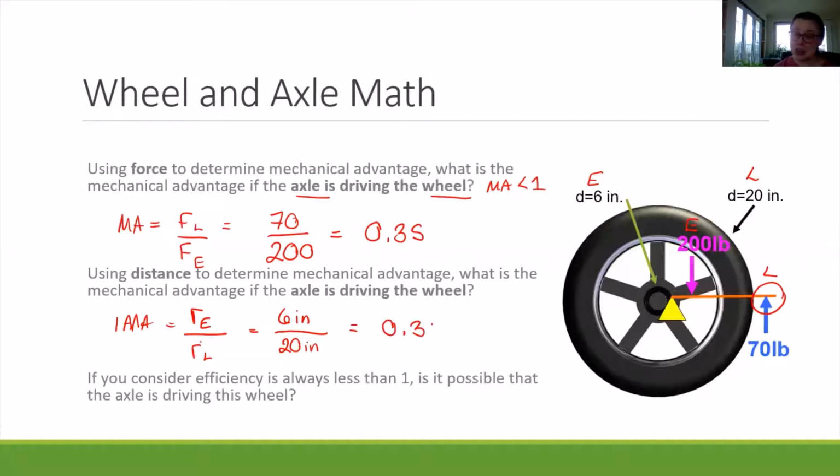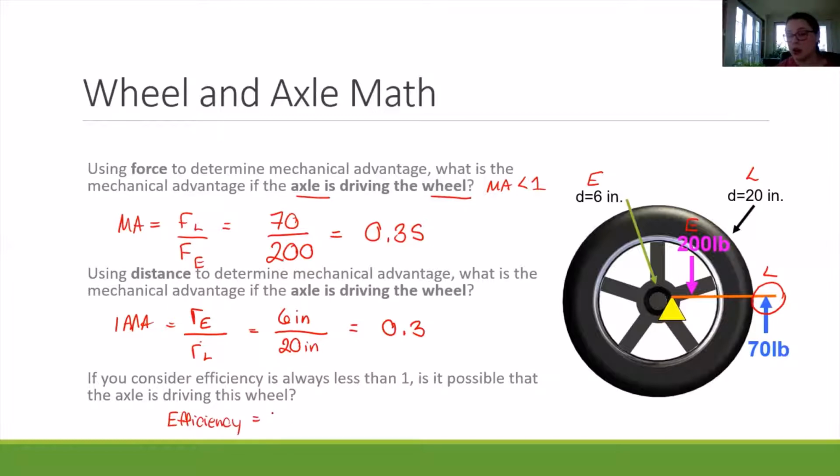Now, the next question on this slide asks you to stop and think. Efficiency is always smaller than 1, so machines can never be 120% efficient. There's no bonus points in machines. So is it possible that the axle could be driving this wheel given those numbers? Well, let's look. Efficiency goes back to our first lesson.